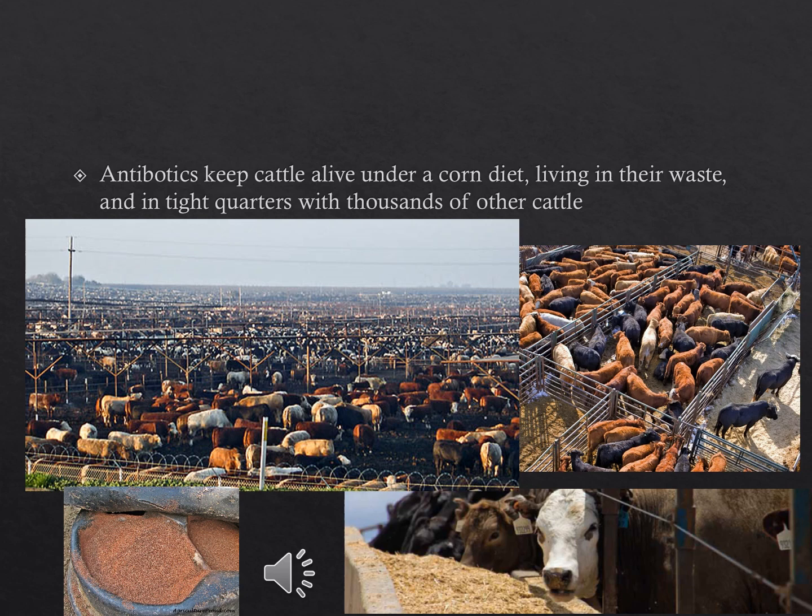That corn doesn't come from nowhere. You need massive cornfields just to feed all of those cattle. And all those cornfields need to grow, right? That means fertilizer, chemicals, energy to grow and harvest that corn and then transport it as well.